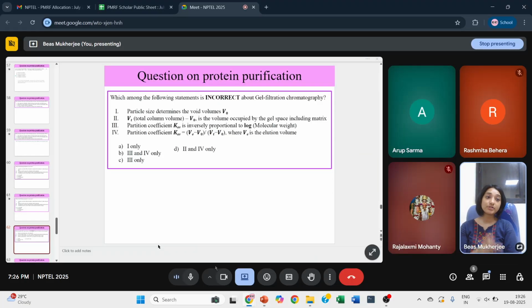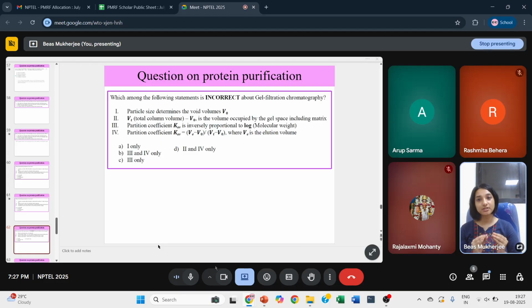So we were talking about that formula, if you remember, partition coefficient, right? So the formula is given there, and now they are asking what is incorrect about these statements about gel filtration chromatography. So particle size determines the void volume. Vt, that is total column volume, minus V naught, which is the void volume, is the volume occupied by the gel space including the matrix.